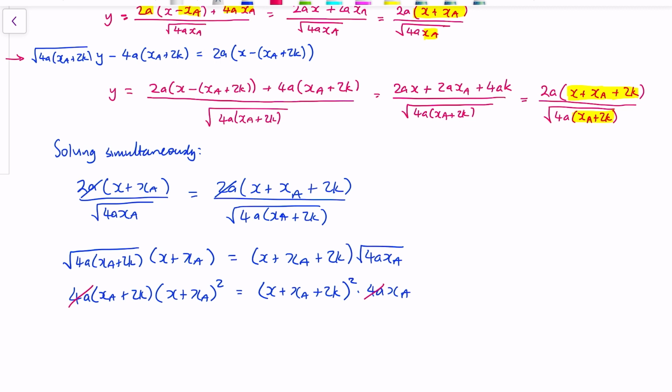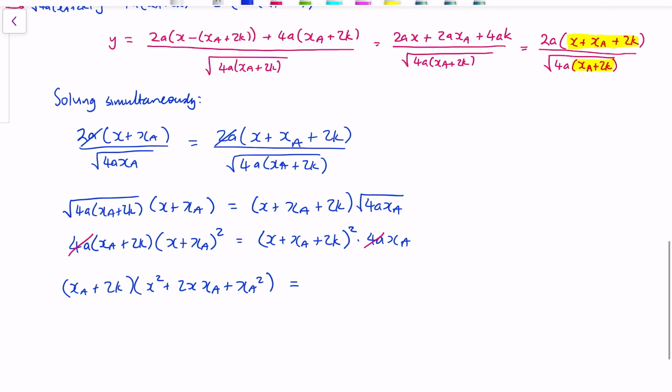And do I have anything else I can get rid of? No. xa plus 2k, it's not a common factor on that side, times by x squared plus 2x times xa plus xa all squared. Now, to expand this trinomial, I'm going to group these together.